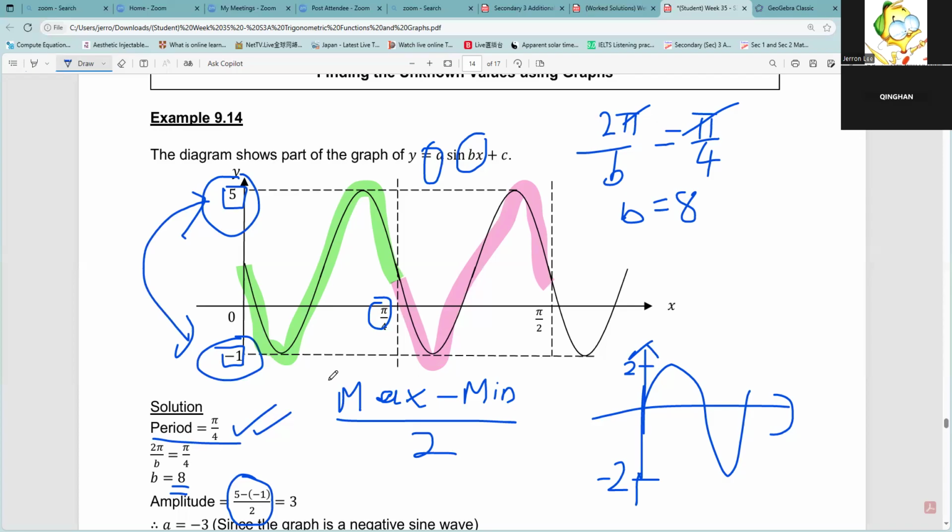So in this case, it is actually 3. Finding this as 3 means that you have found the amplitude. So in this case now, this is going to be 3 sine AX plus C. And last but not least, find C. How to find C?